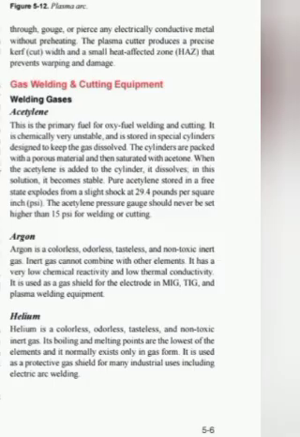Helium. Helium is a colorless, odorless, tasteless, and non-toxic inert gas. Its boiling and melting point are the lowest of the elements and it normally exists only in gas form. It is used as a protective gas shield for many industrial uses, including electric arc welding.